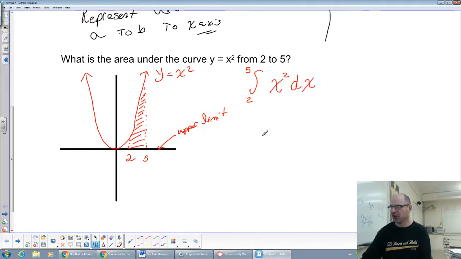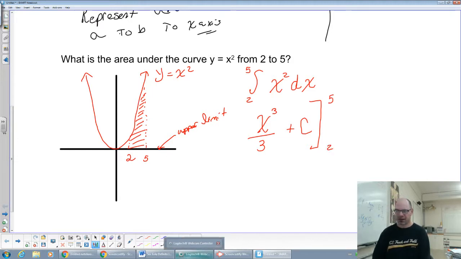Okay, now we have to use the integral rules for calculus. So this is going to get x cubed over 3 plus c. Okay, and we want to take the values from 5 to 2. Okay, so that's our definite integral.